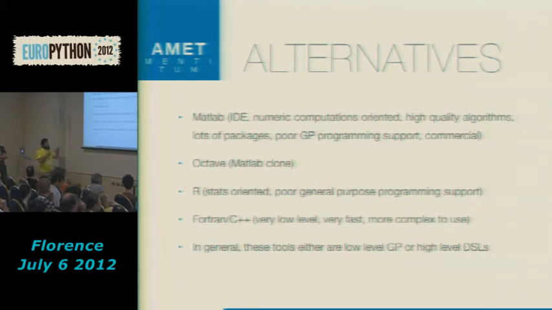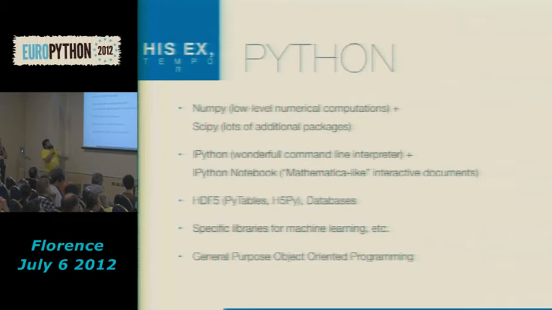So in general, there are these two points where you have either low-level general-purpose languages that are good for general-purpose programming, well, at least in the case of C++, or high-level domain-specific languages. If you have to do both things together, then you are a bit in trouble. Okay? Luckily enough, there is Python, which is a very good general-purpose object-oriented programming language. Okay? But it also has very good libraries. It has a very good module system, so you can do software engineering.